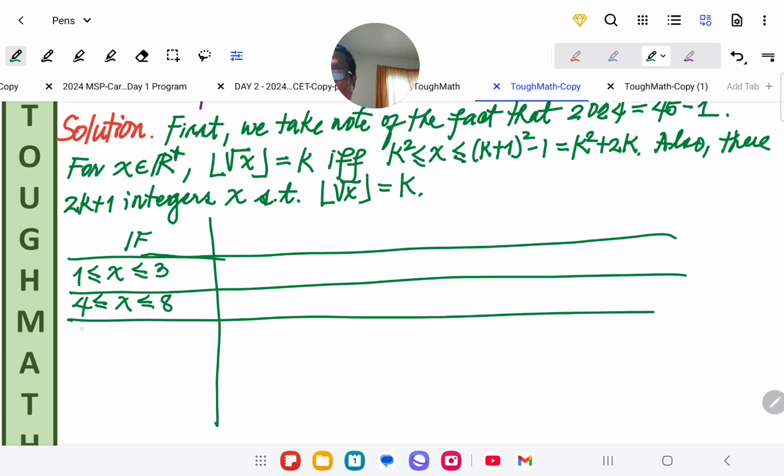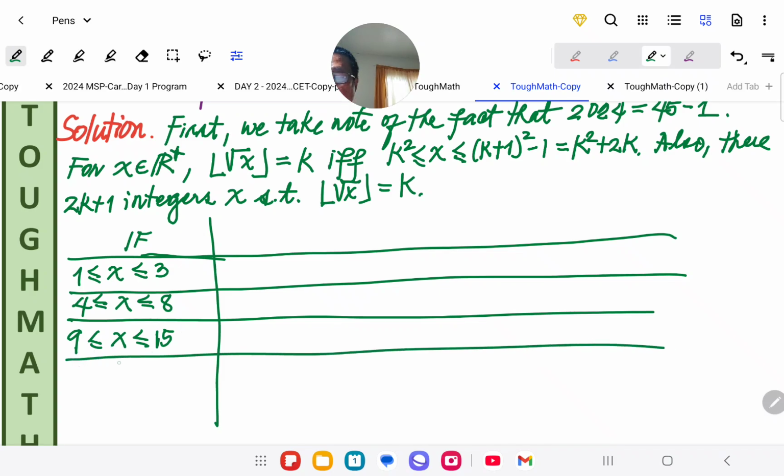So we exclude 9, and then we have 9 here, less than or equal to, the next square integer is 16, but we stop at 15. And then we have x is between 16 and 24, which is 1 less than the next square, which is 25.